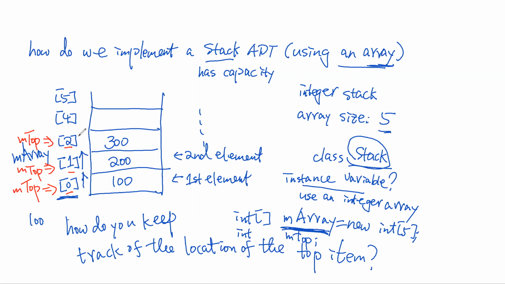So it keeps updating, so that this is the top index. Based on the pattern, whenever we add a new item, the update of mTop, we can guess, is an increment by 1. If it's an increment by 1, then what should be the initial value?